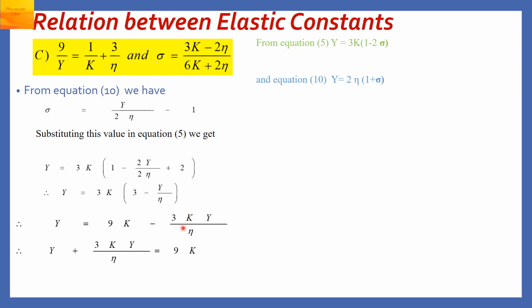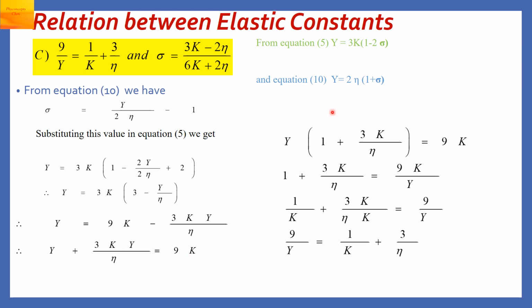We will take this term on the other side, so that will be Y plus 3KY upon 2 eta is equal to 9K. Now we will take Y common, so Y is kept outside. In the bracket we have 1 plus 3K by eta and this is equal to 9K. We can take Y on the other side, in the denominator.